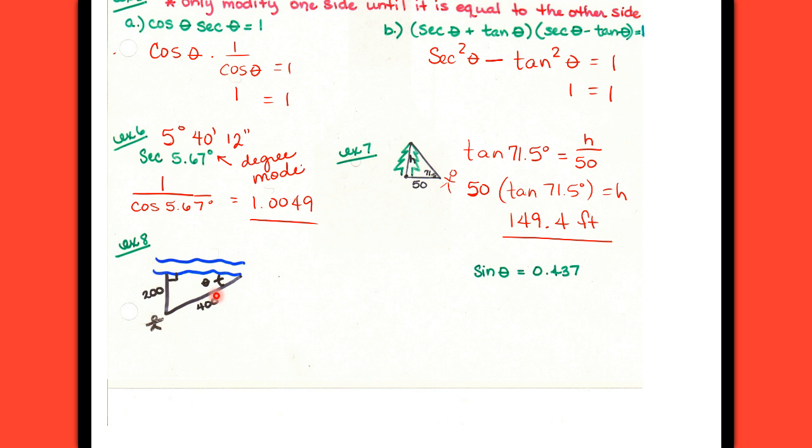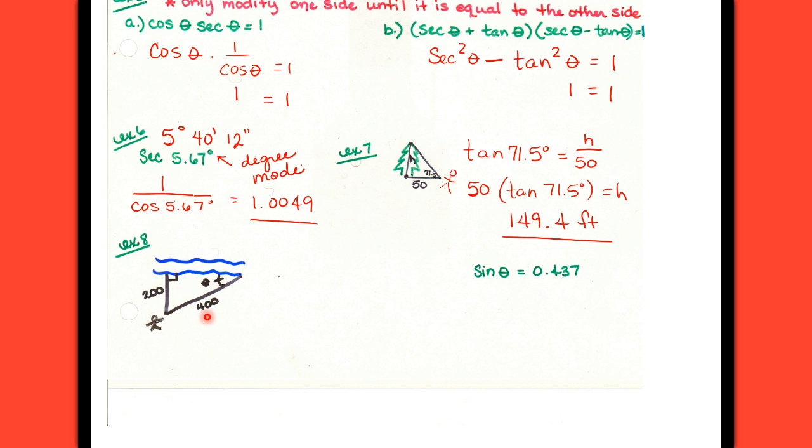All right, so to figure out which trig function I'm going to use, I'm going to look at my problem and see, what do I know? I know that I'm looking for this angle, I know what is opposite of it, and I know the hypotenuse.